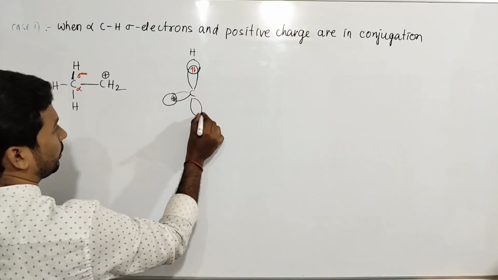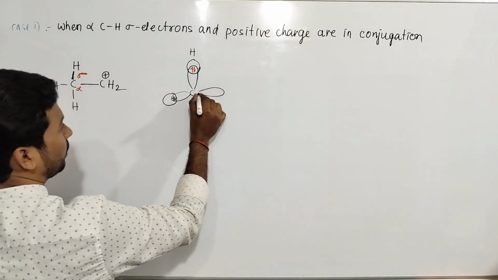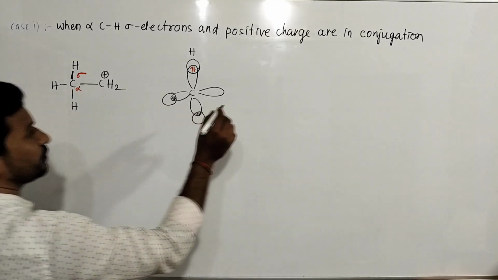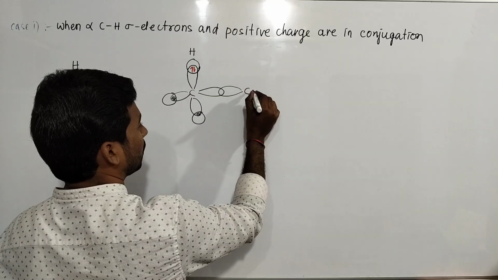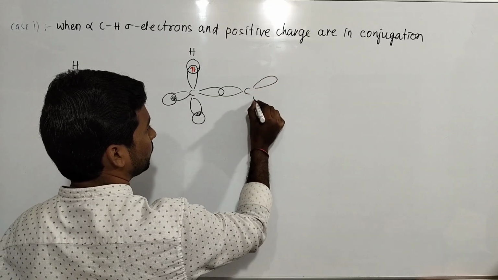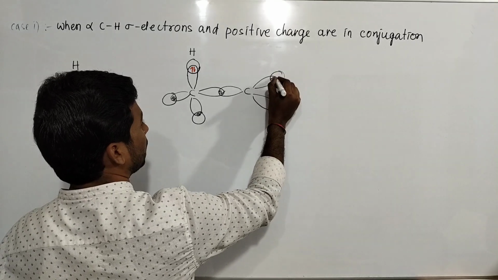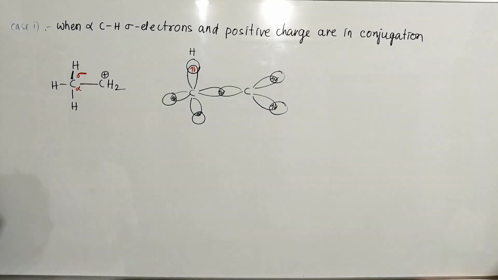Here the sp3 carbon of the first carbon, the sp3 carbon of this one, and the sp2 carbon of this carbon. Sp2 means 3 sp2 orbitals, with a hydrogen overlapped here, here, and here.